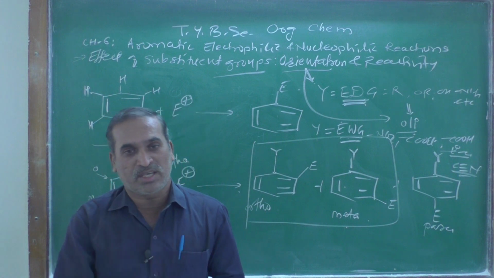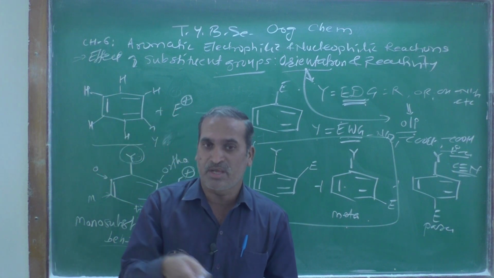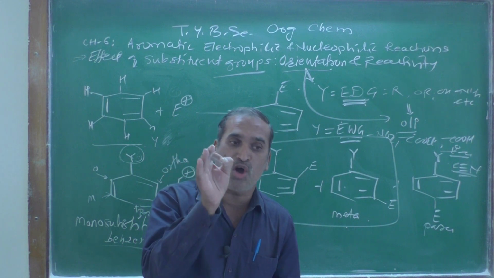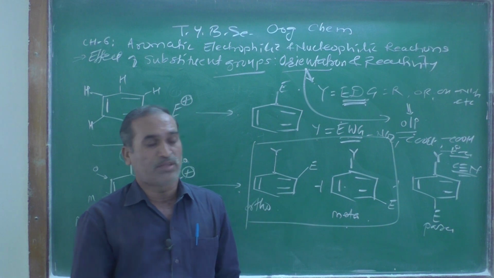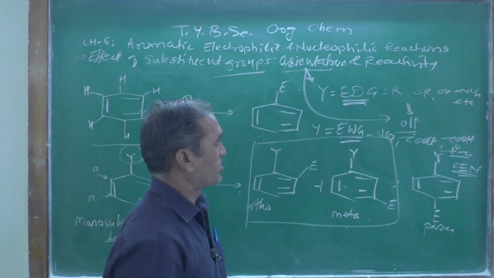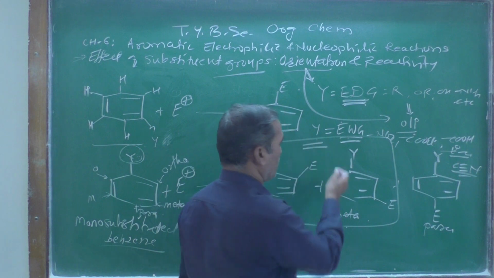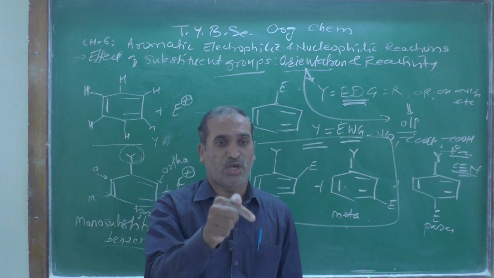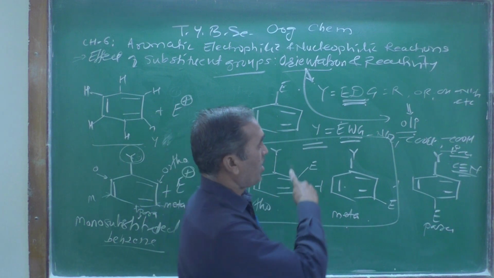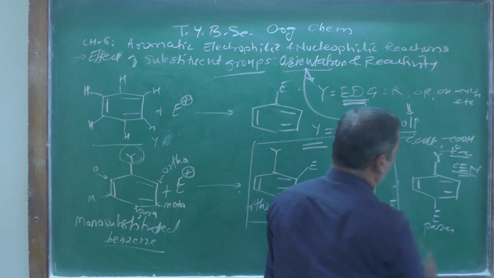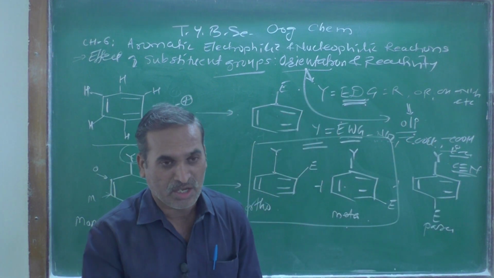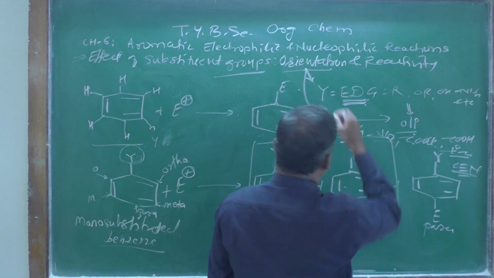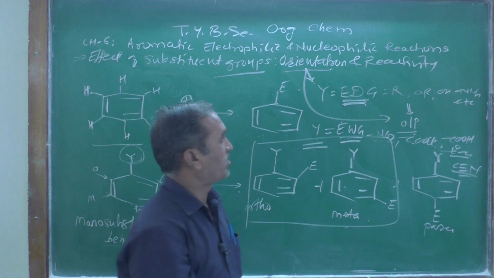When they remove electron density, the ring itself becomes electron deficient in nature, and therefore whenever you add a reagent, as we know that aromatic compounds undergo electrophilic substitution reactions, if such types of groups are present on the benzene ring, they give only the meta product, meaning they are meta directing. You can call it a meta director.